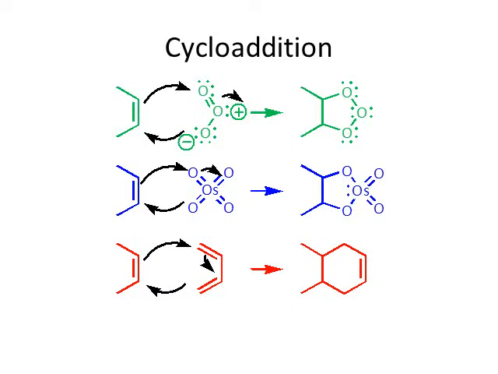With ozone, osmium tetroxide, and butadiene, the pi bond is going to reach out and interact with one end of this molecule. We're going to move some electrons internally, and then a pair of electrons is going to come from the other end of the molecule back to the pi bond.